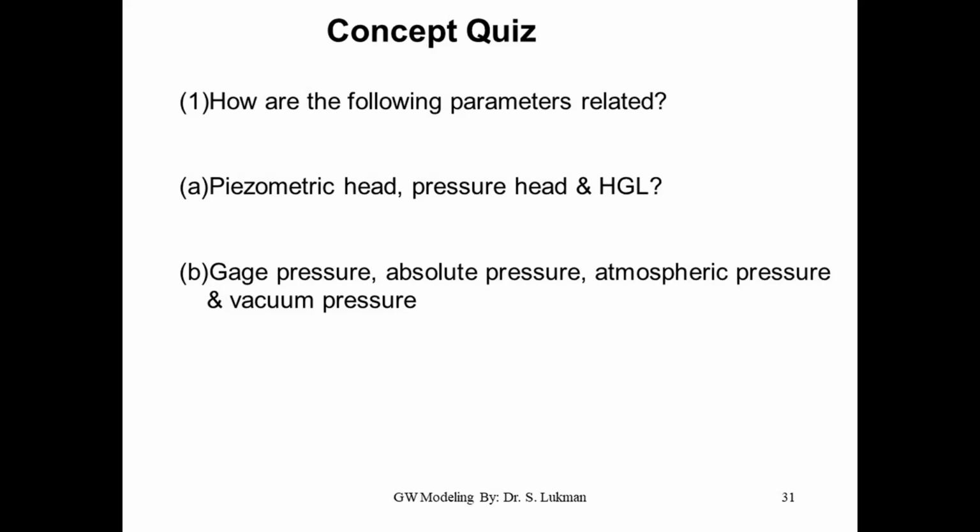That is number one. Number two, going down to fluid mechanics, REN 201. You remember what is called gauge pressure? Gauge pressure, absolute pressure, and then we have atmospheric pressure and vacuum pressure. You will come back, we will have this quiz with you.